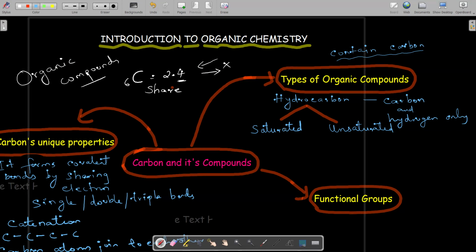These are molecules that contain only single bonds. All saturated hydrocarbons will have only single covalent bonds. So you will not find double or triple bonds here.